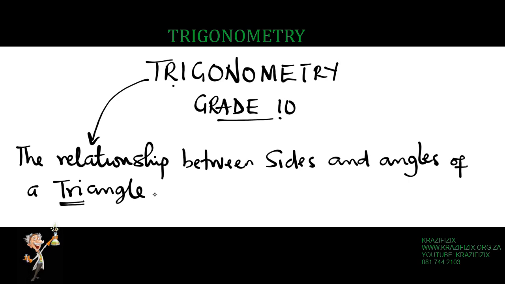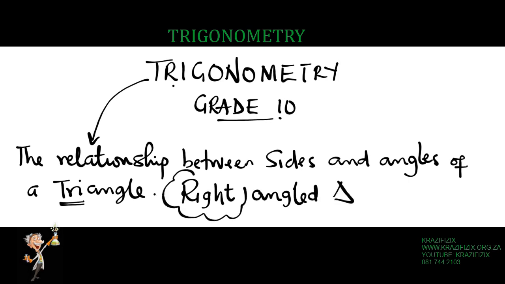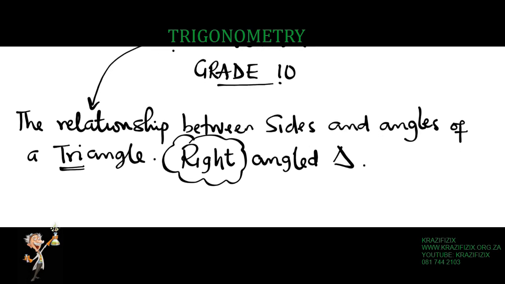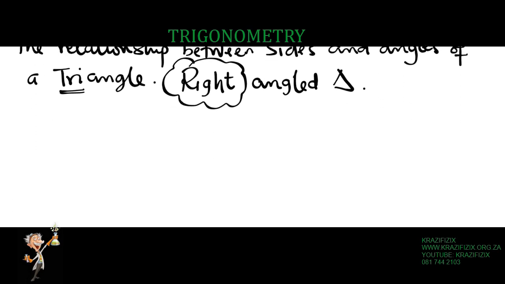In this basic video, we are going to start by dealing with a right angle triangle. And when we say a right angle triangle, we mean that one of the angles is actually equal to 90 degrees.